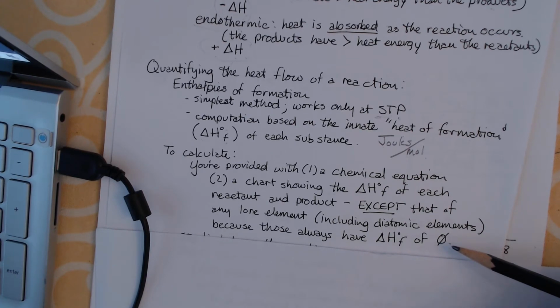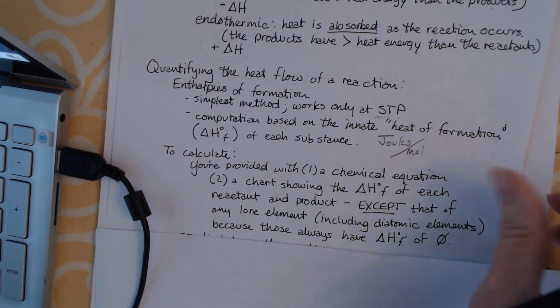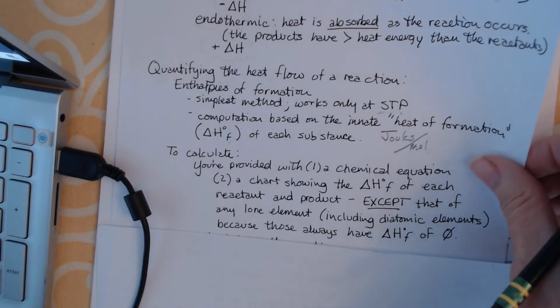So let's say that I've given you a formula and I've given you your chart, but the reaction involved is a combustion reaction, all right? So you have some product, maybe it's methane, and it's combining with diatomic oxygen, O2. O2 may not show up on my chart, right? Because it's going to have a standard heat of formation of 0 because it's a lone element, and you're going to have to just know that.